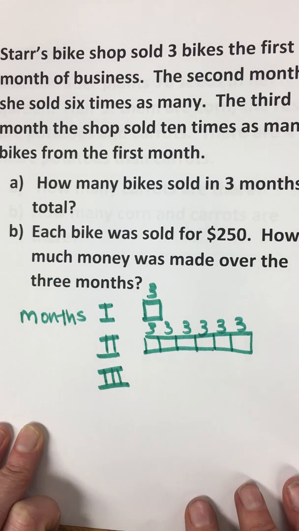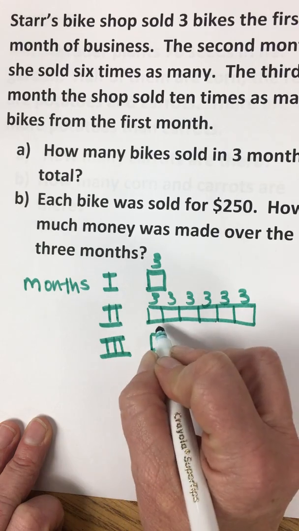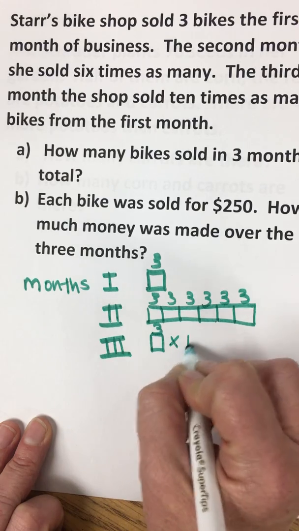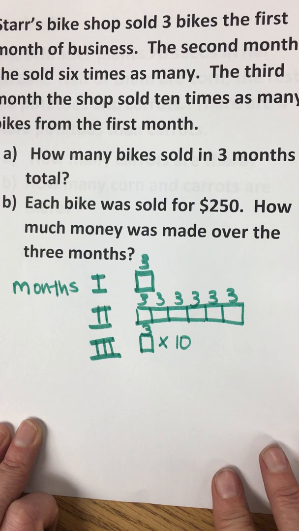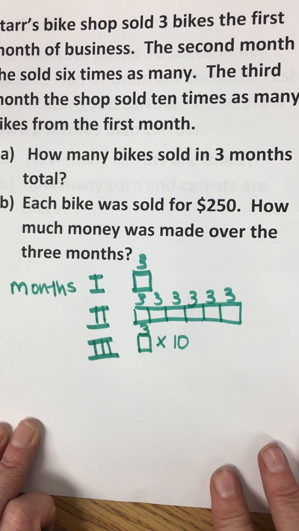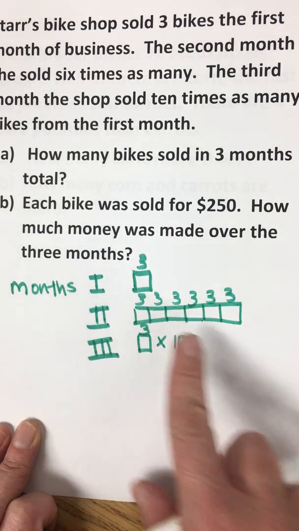The third month, they sold 10 times that amount. Okay? So hopefully that should tell you the answer to how many bikes are sold in 3 months total. Right? If these are the 3 months, couldn't you add up the value there?